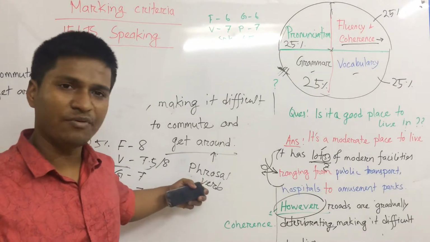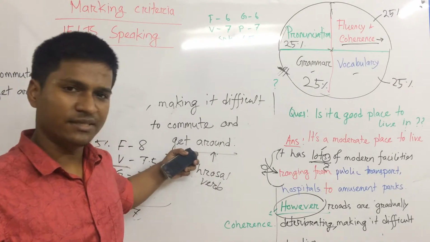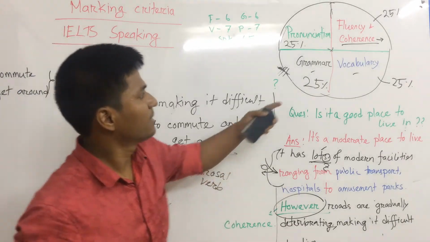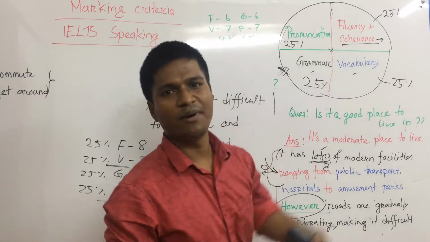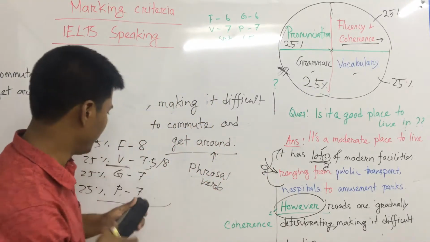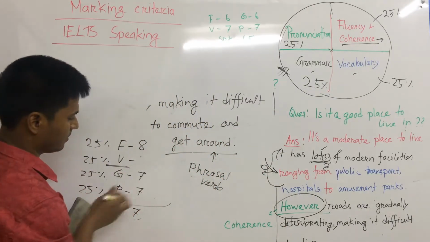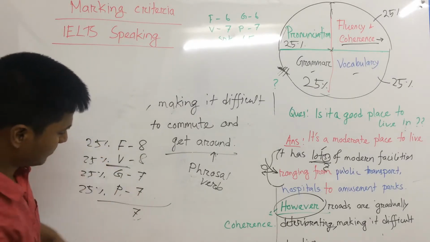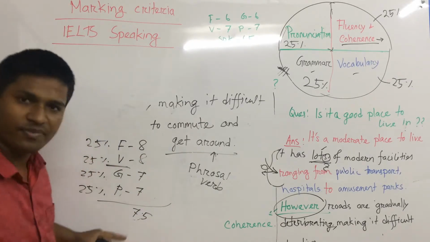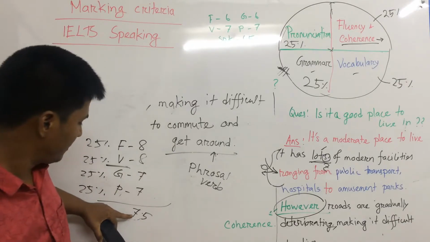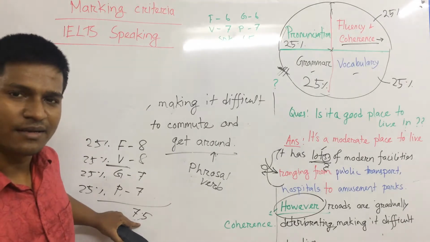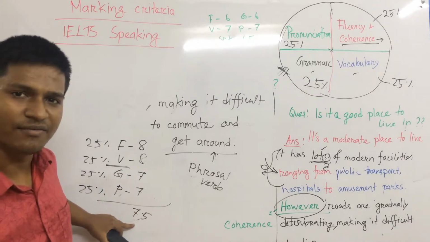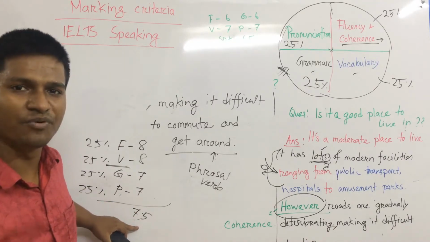For using this type of words in this particular question's answer, your vocabulary mark will be improved. So here maybe you are getting 8. So we can see now 8, 8, 7, 7. So it is 7.5. So you can see, right? From 7, based on the answers, your final speaking band is improving.